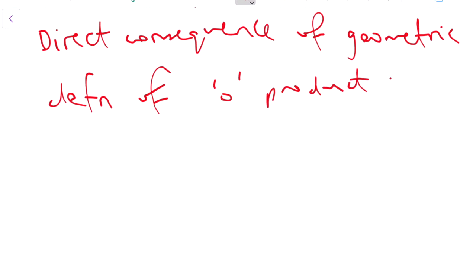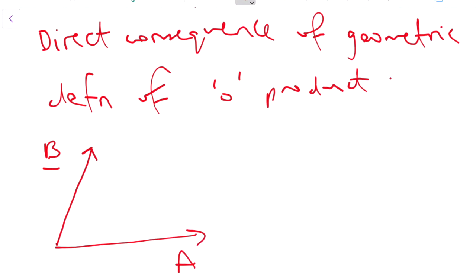So if we have two vectors, let's say a vector a and a vector c, then we know that a plus c is equal to b.